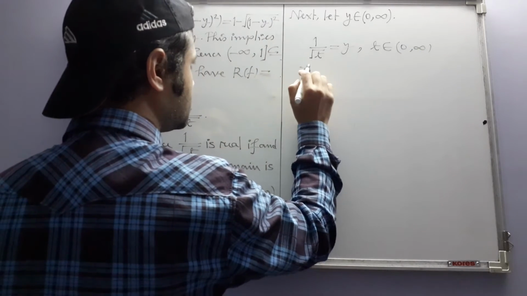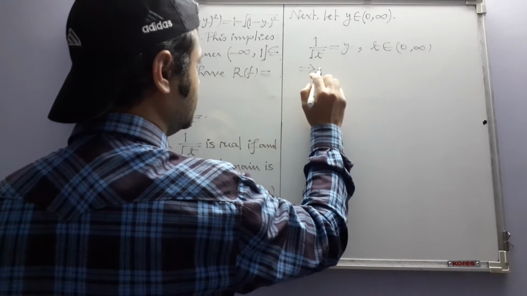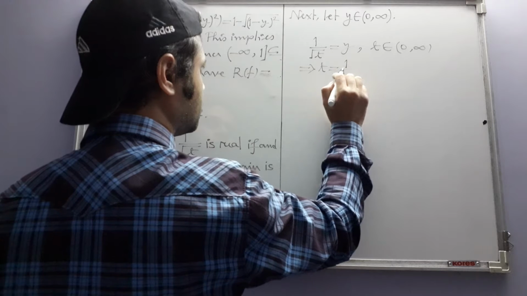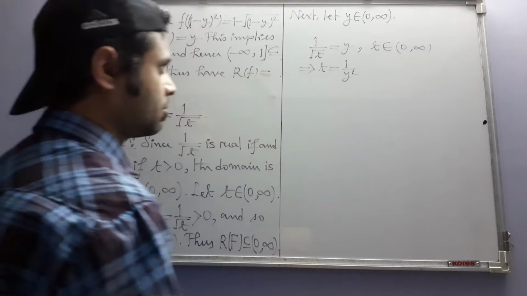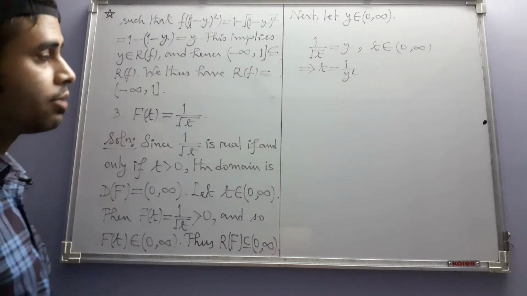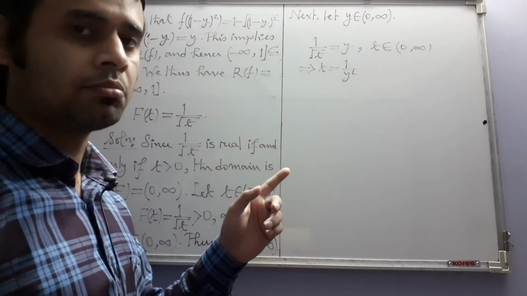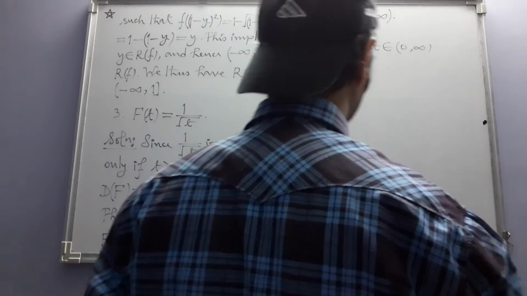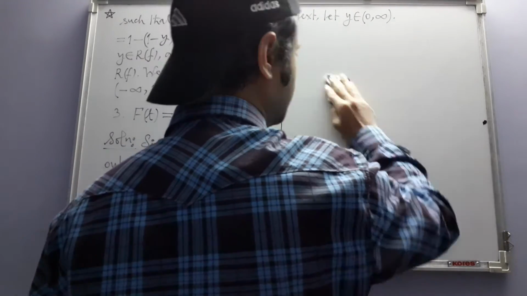So solving this equation for t gives us what? 1 over y square. So when our y is a positive real number, 1 over y square is also a positive real number. So our guess is correct, we can almost see.